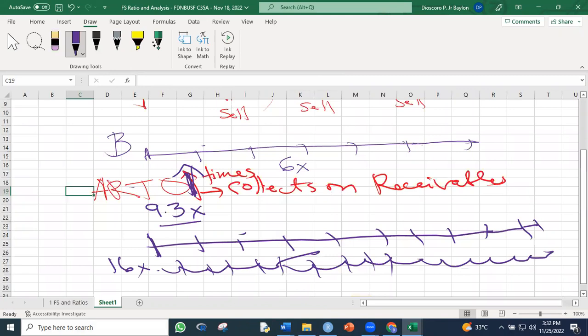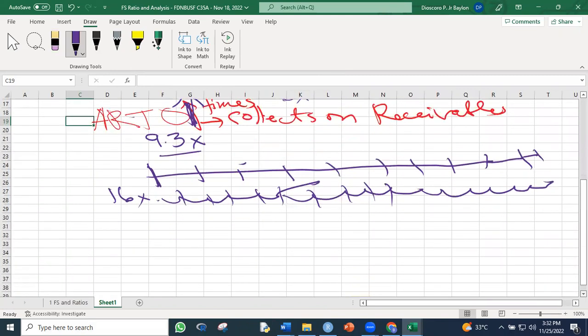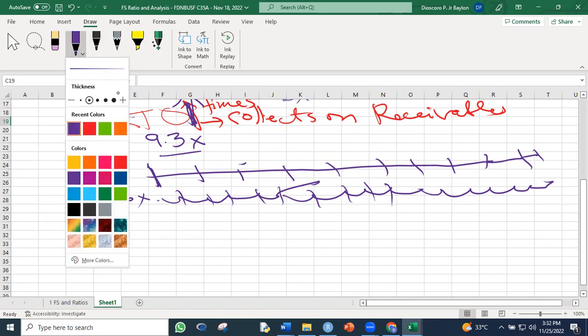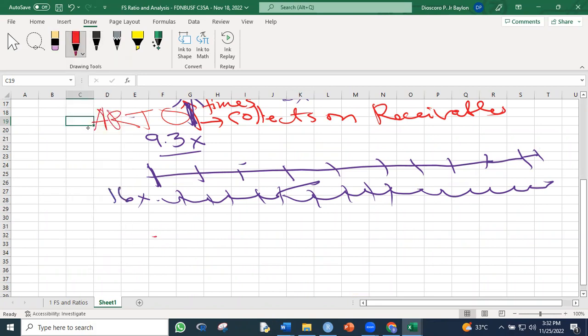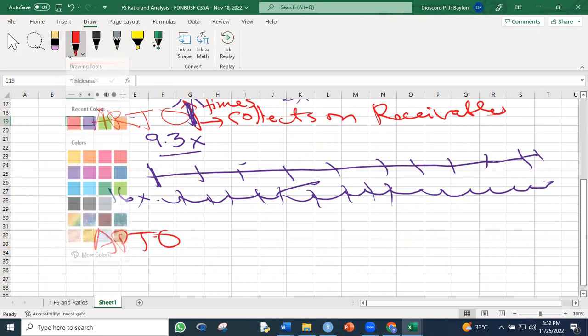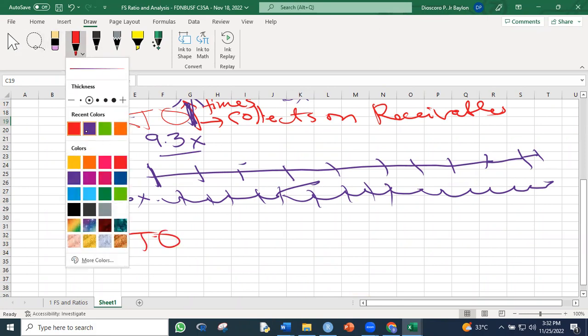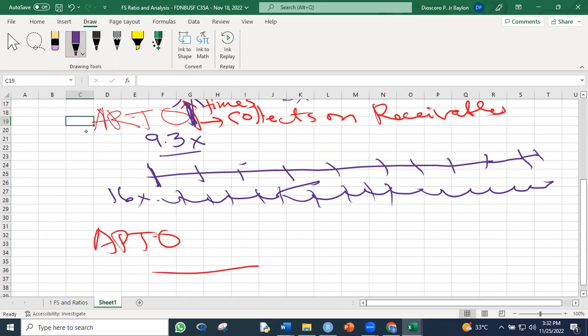Okay, let me go here again. So this time we're looking at the Apto. So Apto naman tayo. Ano ibig sabihin ng Apto? Accounts payable turnover. So let me once again use this. So Apto, number of times a company buys on account and then pays its suppliers. All right. So once again, we draw this.